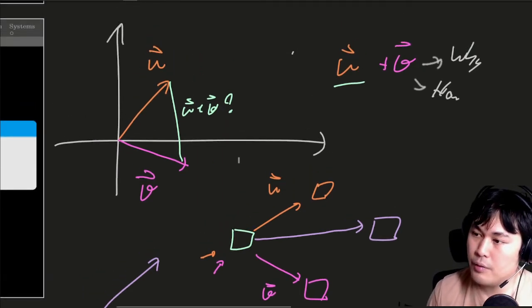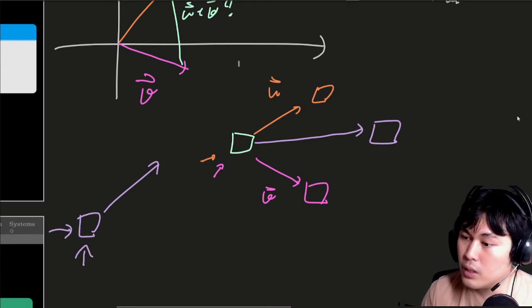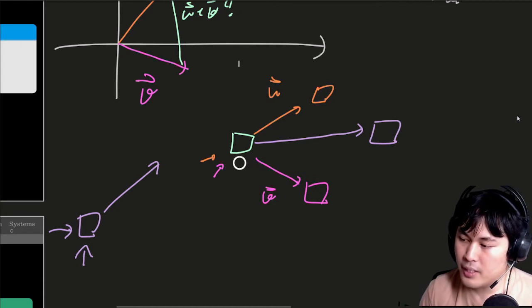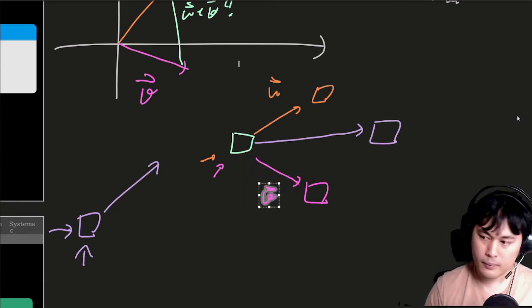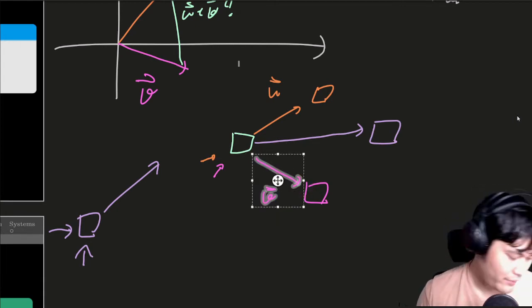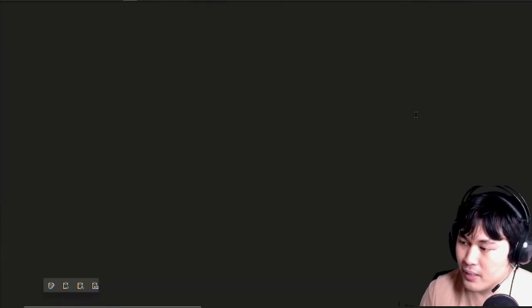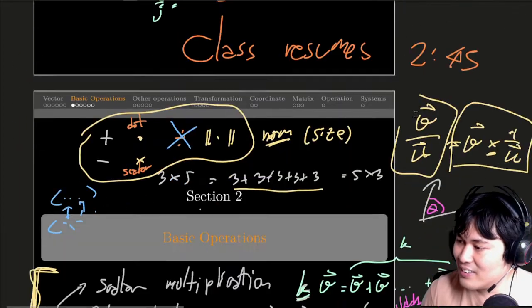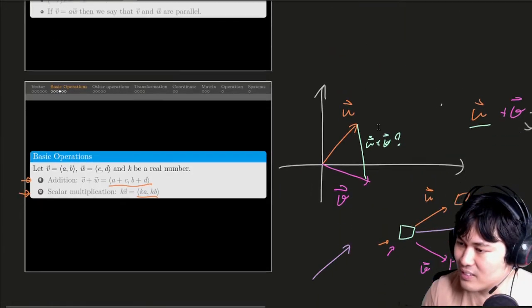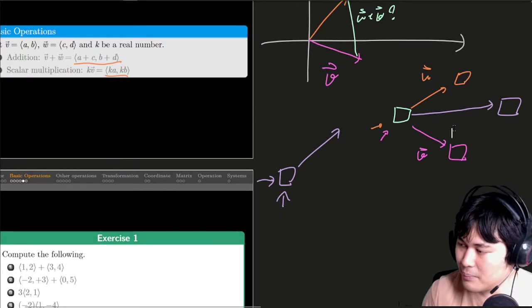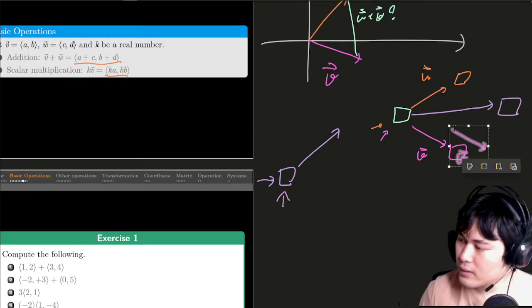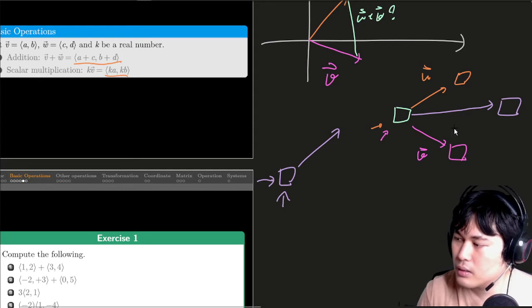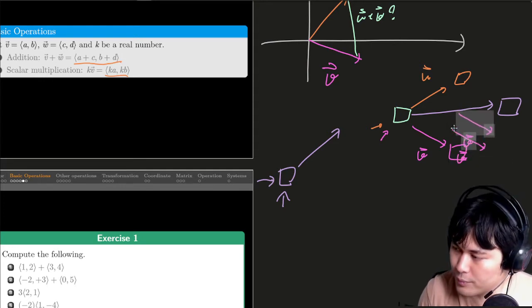And so the way we apply the addition is we move. Let's say we copy that, and paste, and then move there.